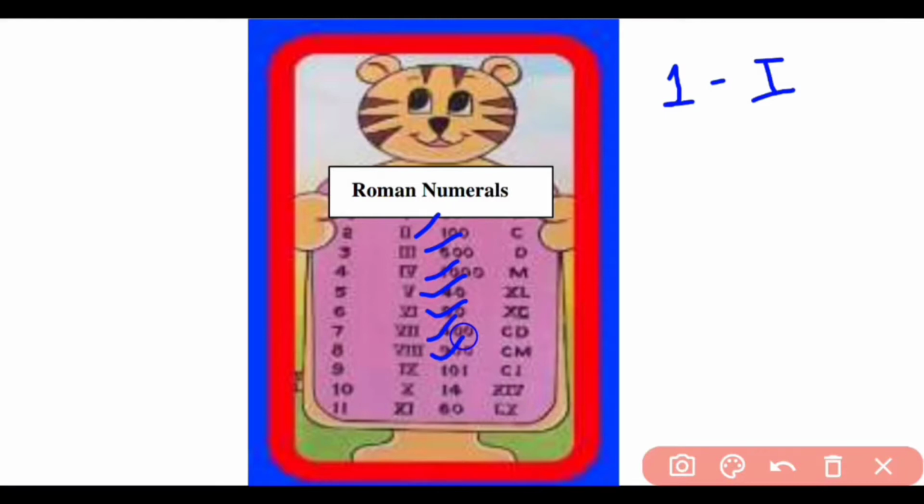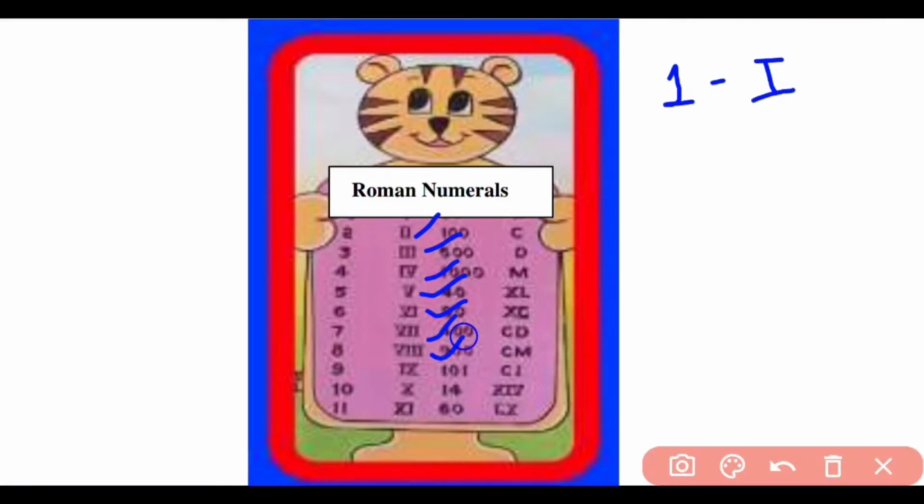In this way we can use the Roman numerals. There are 4 rules which you all have learned in your 5th standard. The rules of using I or X, the rules of using V, all these rules are there. So you have to recall those rules from 5th standard.